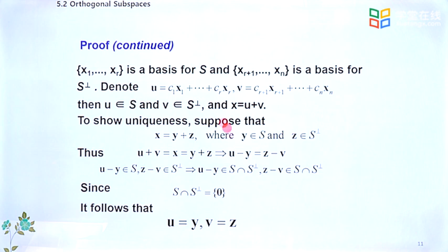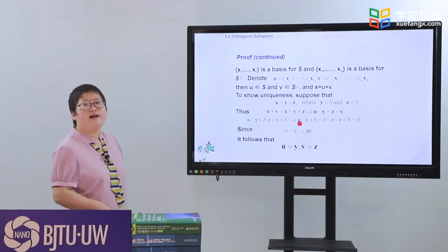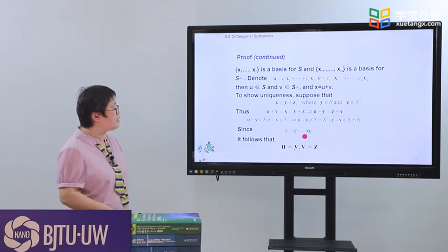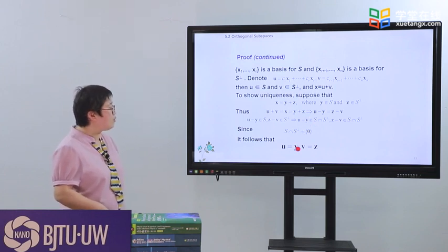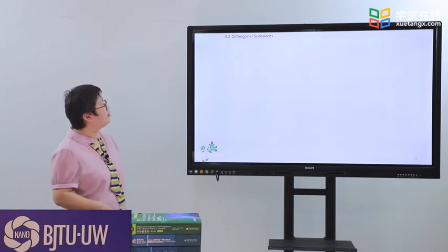Because u - y belongs to S, and z - v belongs to S orthogonal complement, u - y belongs to S intersect S orthogonal complement, and z - v also belongs to S intersect S orthogonal complement. Since the intersection of S and its orthogonal complement just equals the zero vector, we know that u = y and v = z. So the expression is unique.